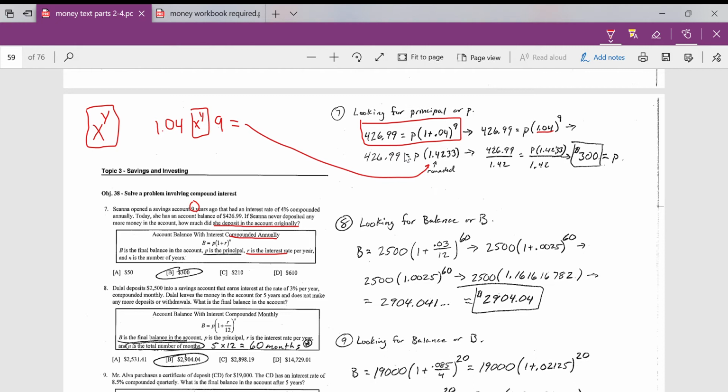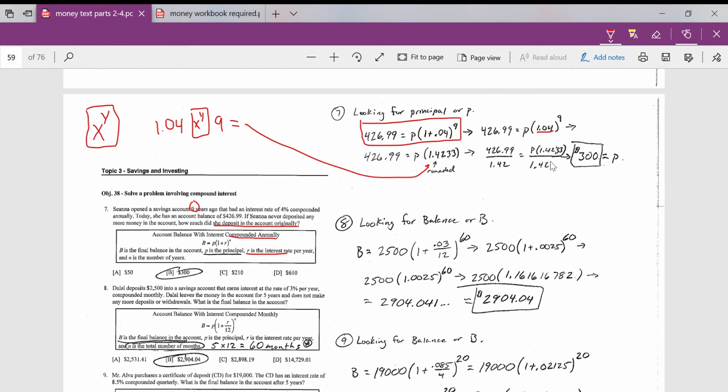Now, once we get this equation, we've done a little bit of this in objective 37. To solve for this, we undo what's being done to this letter. P is being multiplied by 1.4233. So I'm going to divide each side by 1.4233.